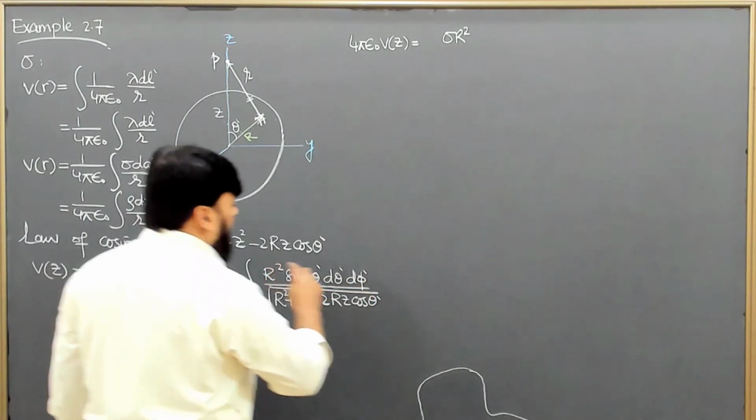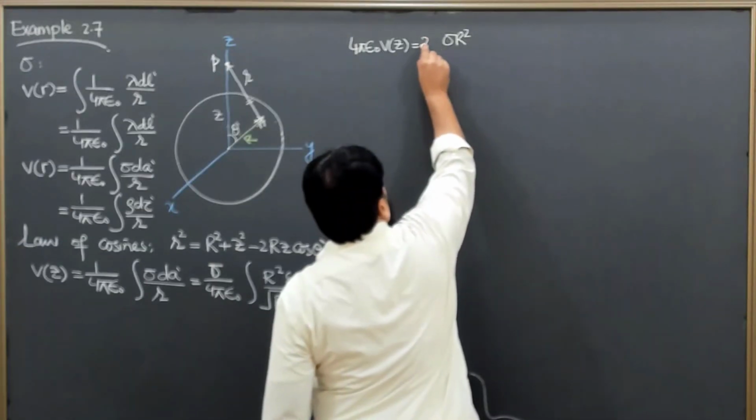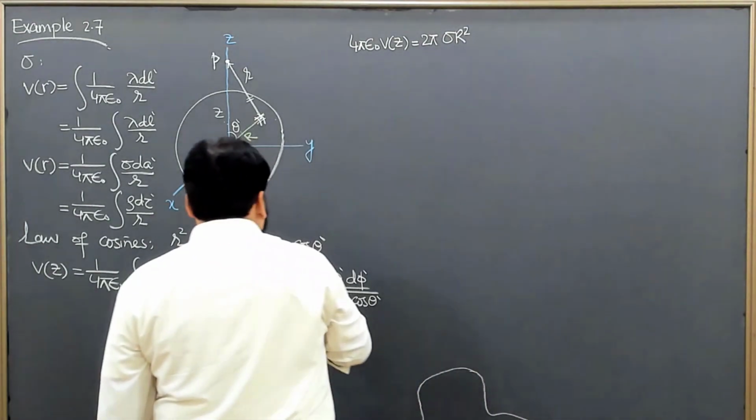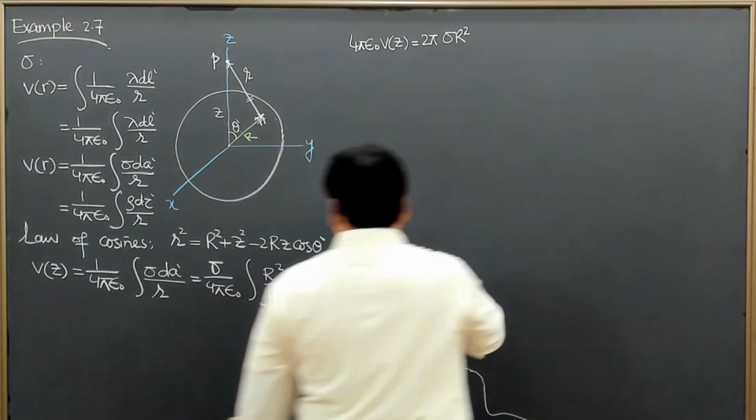We know this thing. So here is 2 pi sigma R squared, and then I can write this one.